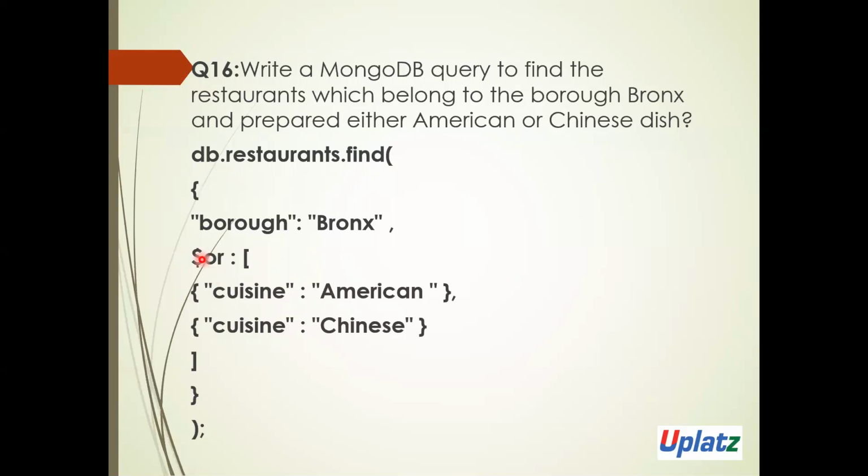If any one is successful, if it is American it will return American. If it is Chinese it will return Chinese. If we use the AND operator here, this query will fail. Nothing will get returned. They have asked for either one, so I have used the OR operator. So for the borough Bronx, I have used the OR operator, based on my particular cuisine.